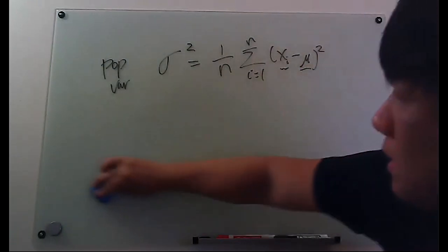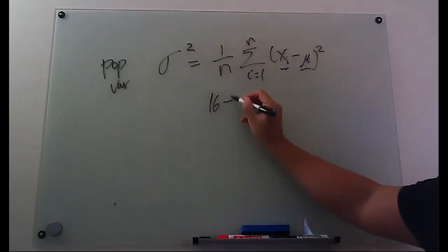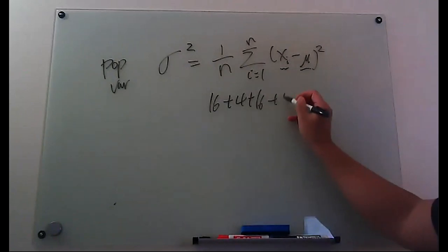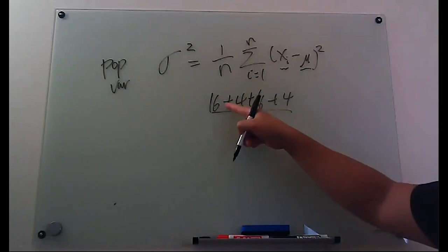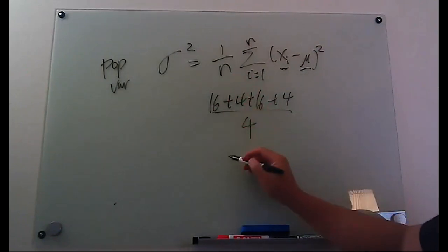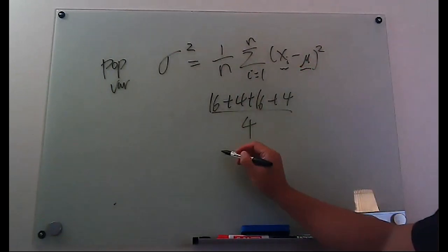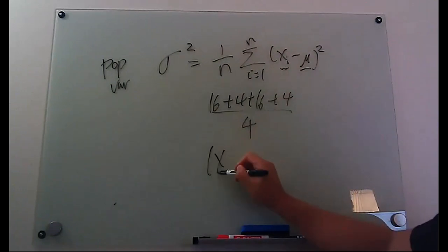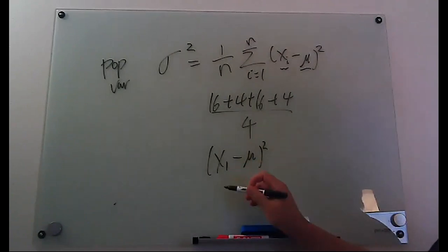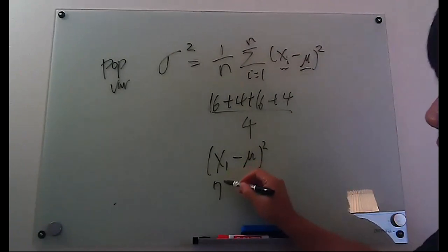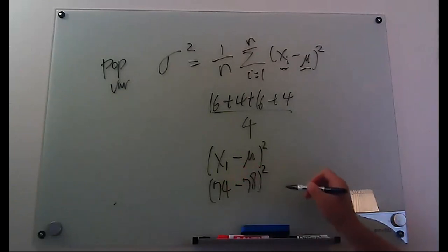So in our example, the variance was what? 16 plus 4 plus 16 plus 4 divided by how many n do we have? 4. So 16 is basically x1 minus mu, squared. x1 was January, that was 74, and mu was 78, and take the square of it, right?